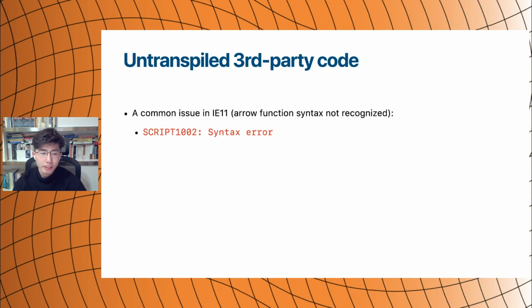This is usually caused by an untranspiled arrow function in the vendor chunk. That is, a file containing an arrow function failed to get transpiled because it's inside node_modules, and thus it's untouched by the Babel plugin. This is one example of unintended behaviors caused by third-party code.